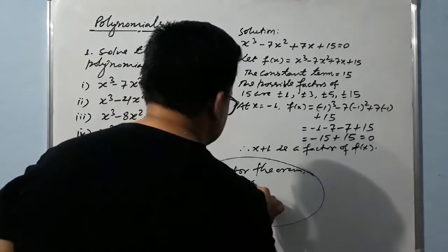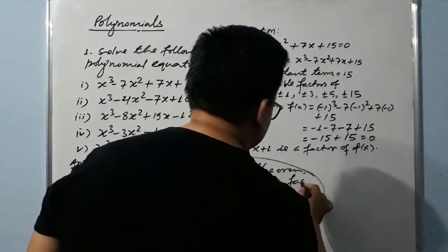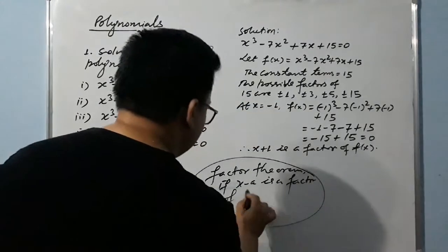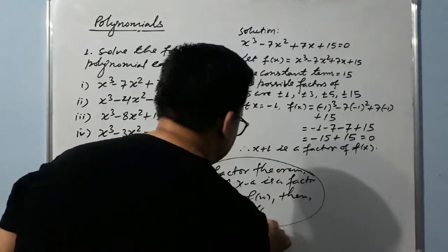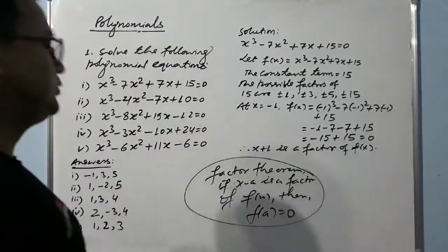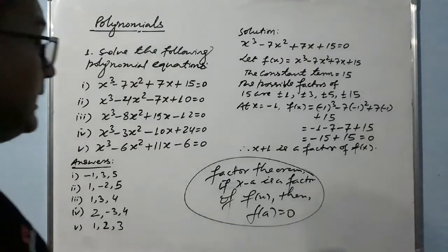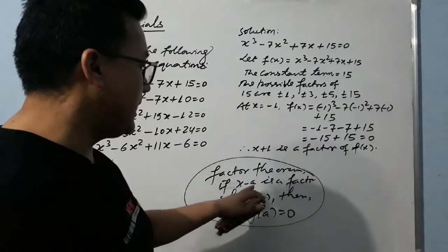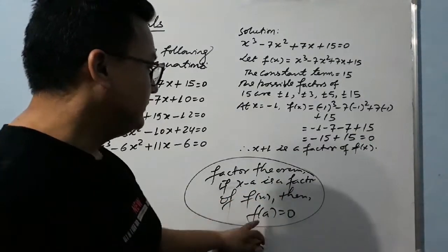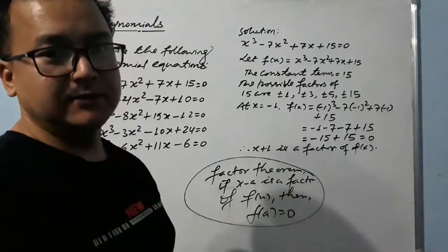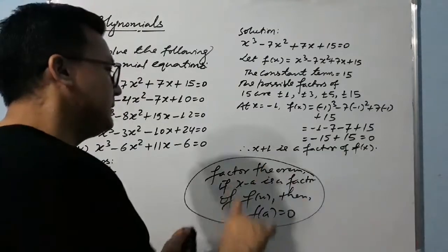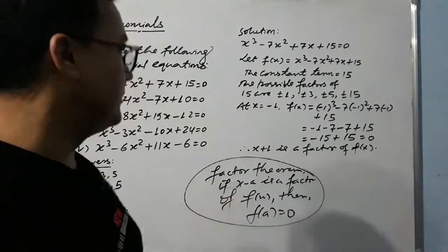If x minus a is a factor of f of x, then we can write f of a is equal to 0. This means the remainder is 0. If the remainder is 0, then x minus a is a factor of f of x.